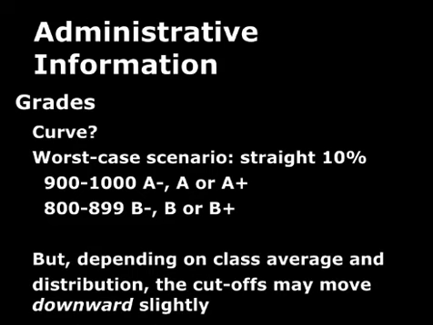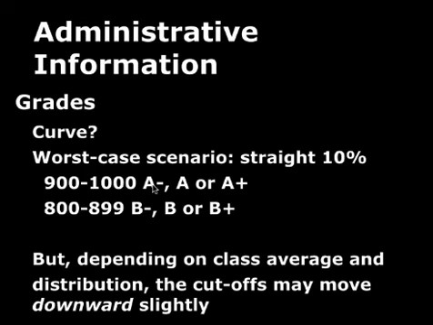However, depending on the average and the distribution, I might curve it down. So it might end up being the case that 890 points will end up being enough for an A minus, or 885 maybe. So if there's a curve, it might bump down, but it won't go up from 10%, okay? Which means that a curve can only work in your favor.